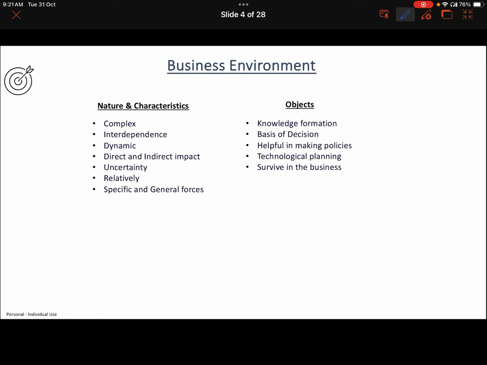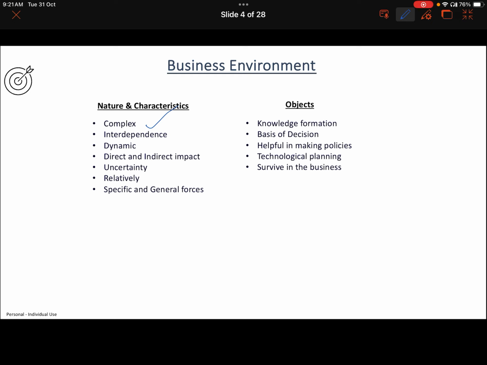Let's move on. Let's quickly go through the nature, characteristics, and objectives of business environment. Very simple. I think we have discussed these things multiple times. We know business environment is not simple, as we saw last slide.